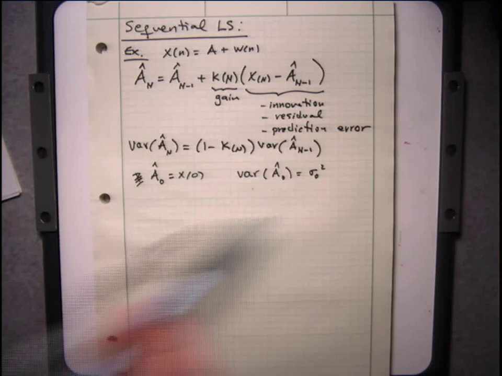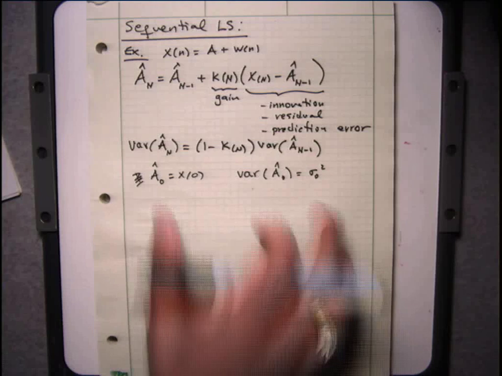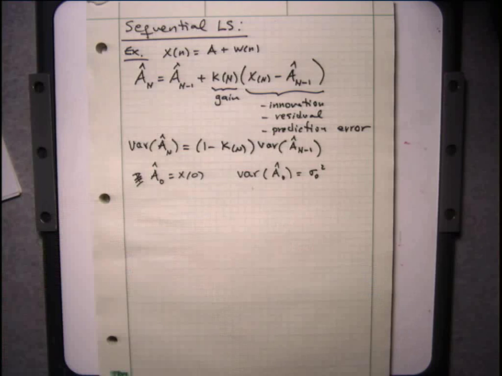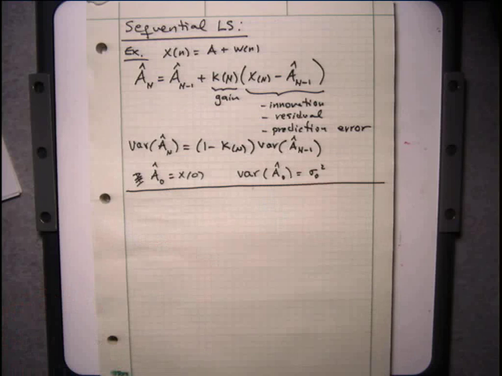You want this effect to eventually decay away, so that you're really making use of all of your data. If your estimator gave a huge weight to that first guess, then you're not really using your data in a very efficient way. And you'll see that more clearly in the next generalization of this.